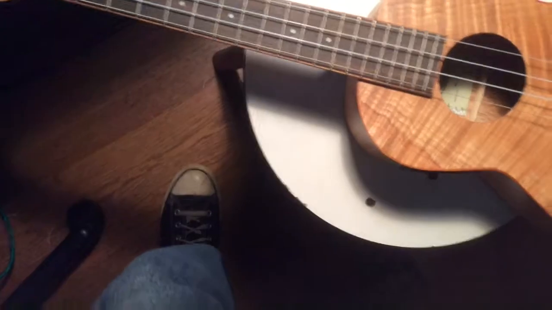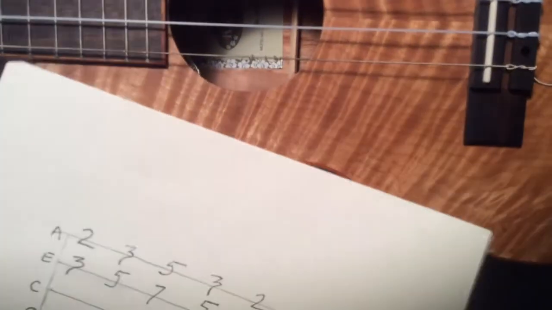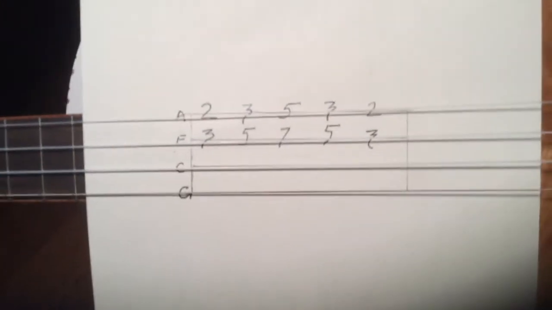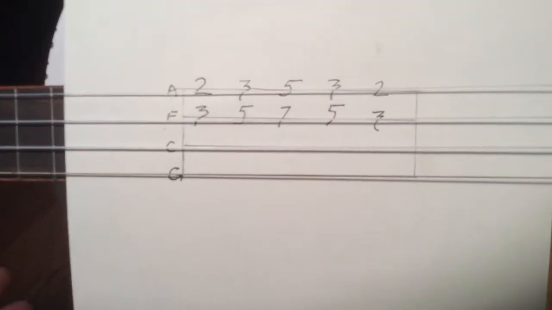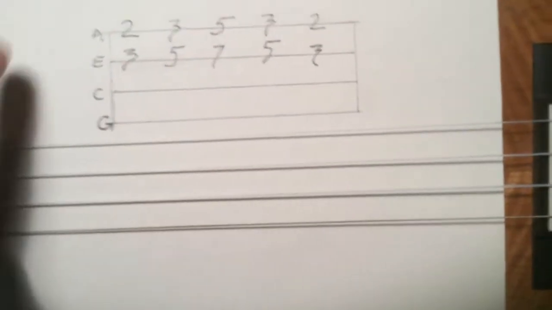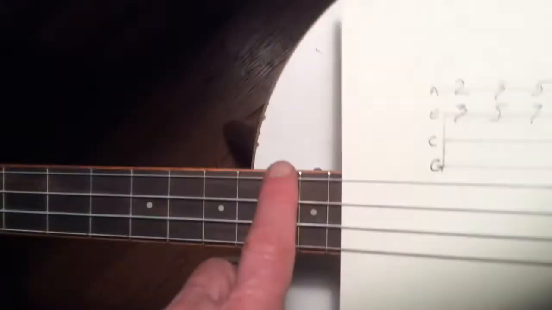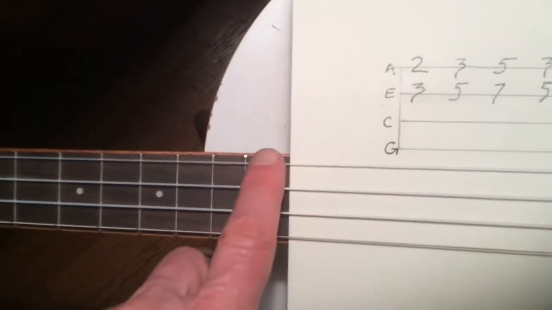Now, the next thing you need to do is just put the tab on top of the uke, or you can put it under the strings maybe, and you will see that the tab, now ukulele tab is generally not this large, but you will see that the A string here is on top, and now your A string over here, it's on top.